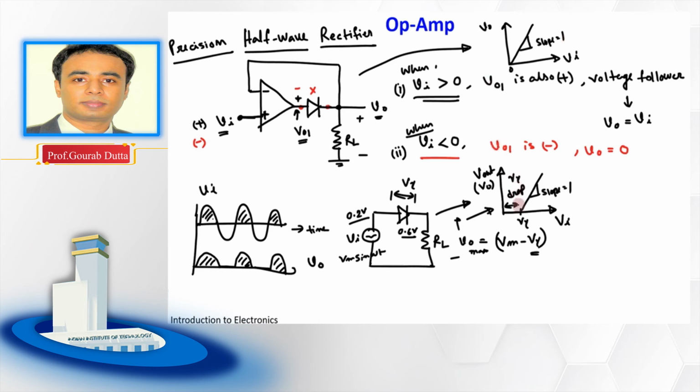In the normal case, below the cut-in voltage you don't have any signal. Once the amplitude of the input voltage crosses V gamma, only then will you start getting the output. But in the precision rectifier, from 0 volt onwards you start getting the output for the positive half cycle. So I hope this precision half wave rectifier part is clear to you.